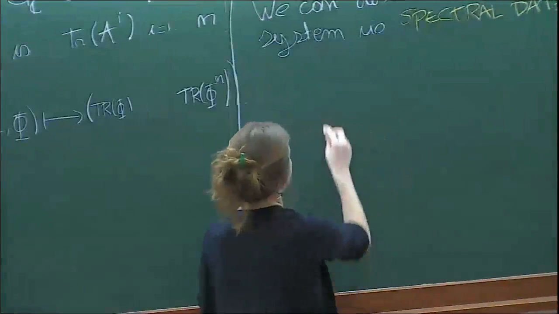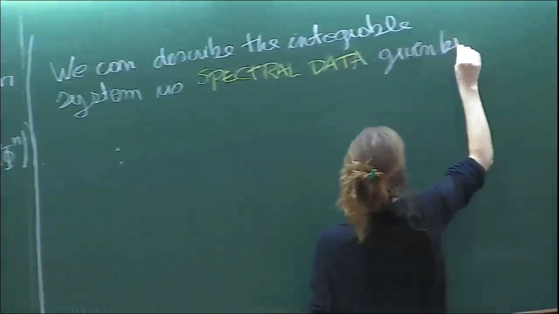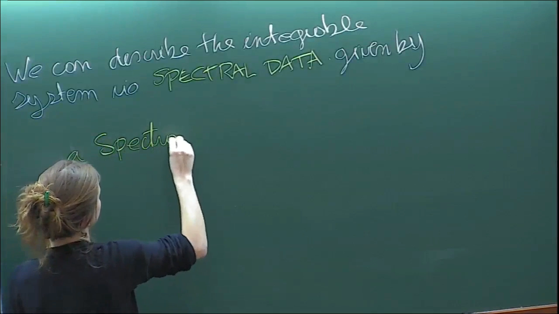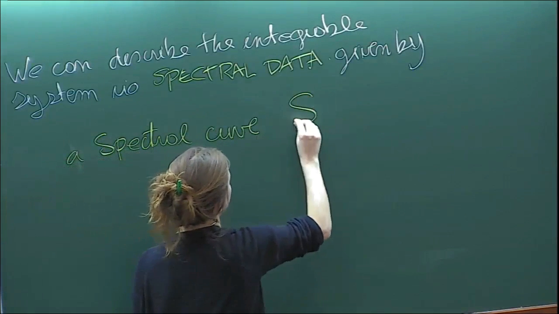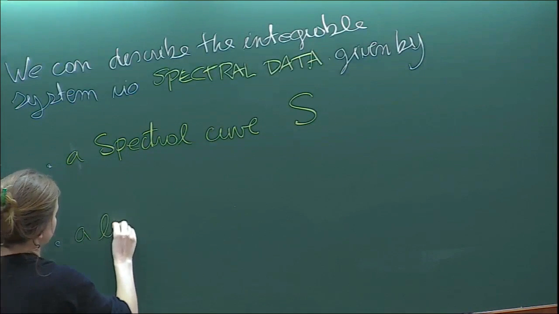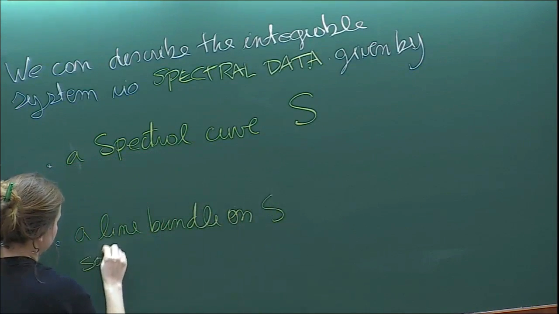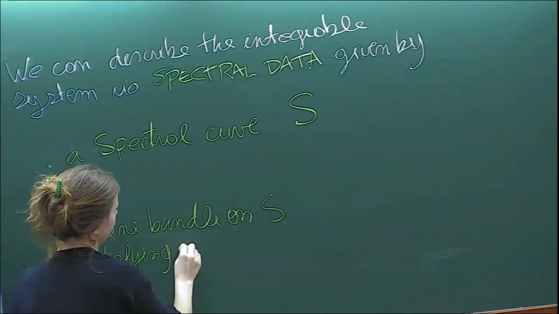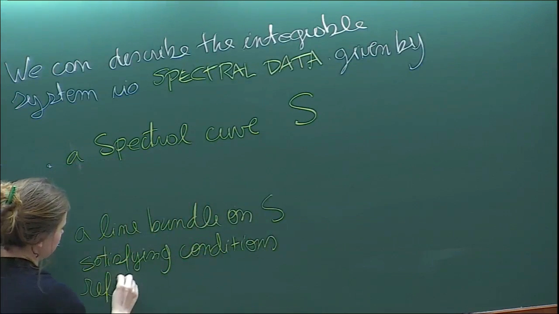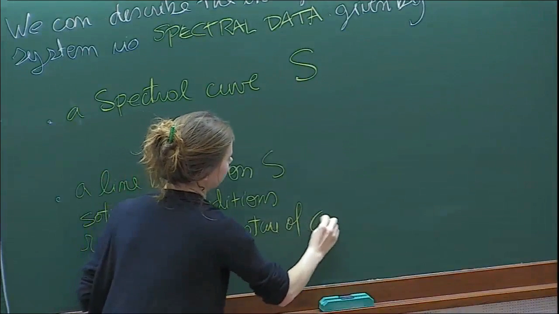So the spectral data is given by a spectral curve, which we're going to call S, and I'll tell you what it is, and a line bundle on S satisfying some conditions, conditions reflecting the nature of G_C.